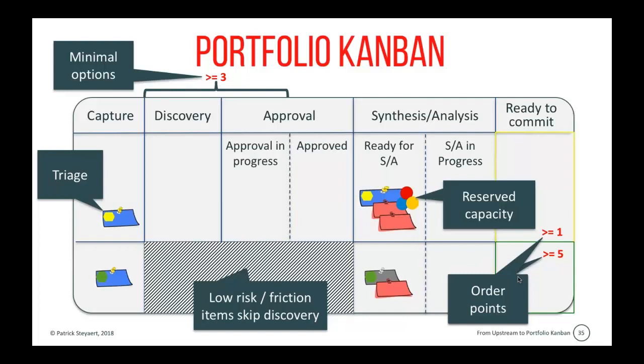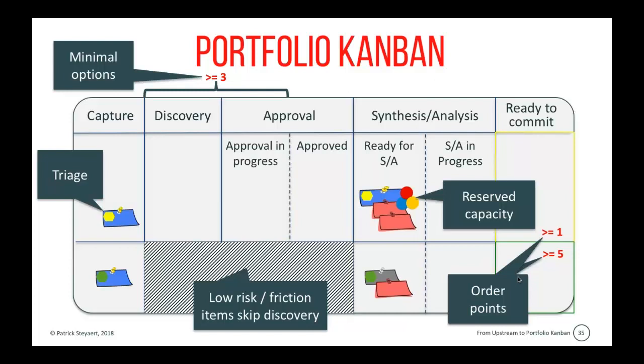We might also see at the top of the board minimal options, because discovery and approval take time upstream. We are very much dependent on external dependencies, stakeholders, customers, so people where we don't have a lot of control over their availability.